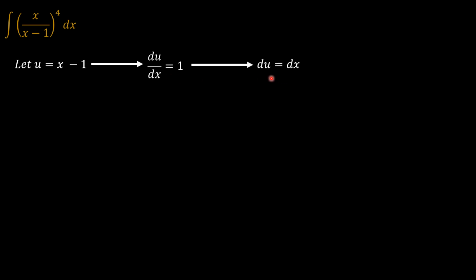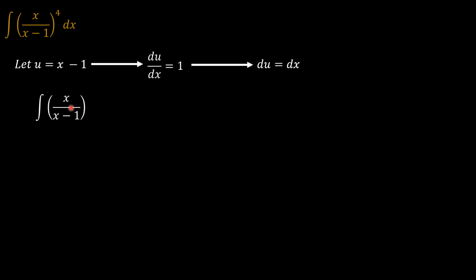So the first thing that I would do is just say let u be equal to x minus 1, because I don't really like having this extended format in the denominator. So du dx is equal to 1, and therefore if you go on with the substitution, you can replace dx with du if you replace x with u.